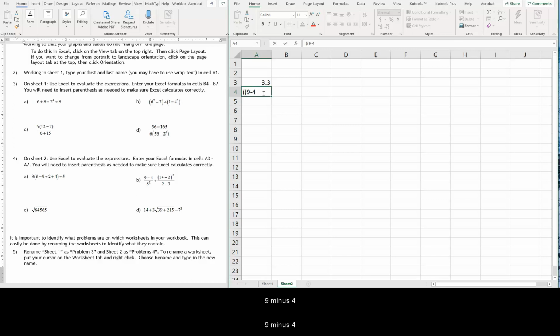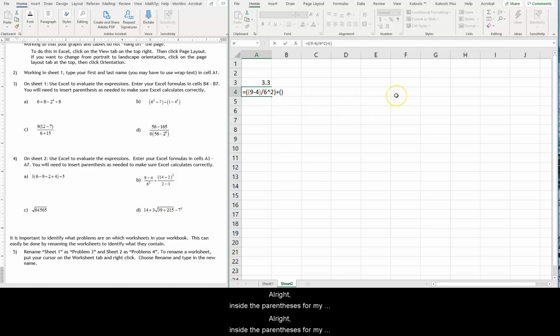So it's 9 minus 4 in that parentheses, divided by 6 raised to the second, and then in that parentheses. Oh, I forgot to put my equals at the beginning. There we go. So then we have our numerator, and then the other parentheses, the black ones there, are for the whole fraction. Okay. Plus, and then again, we're going to have parentheses for the whole fraction.